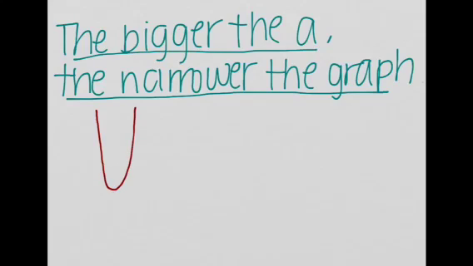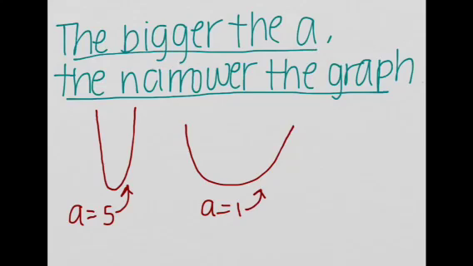However, if my graph was just x squared plus 3x plus 2, then my graph might look like this. So this we can say is a equals 5, and this is a equals 1. So it becomes wider the smaller a is.